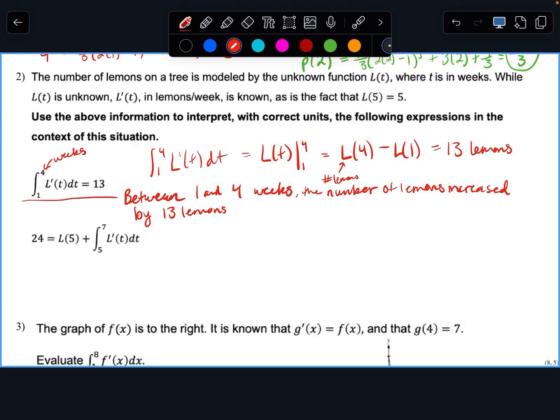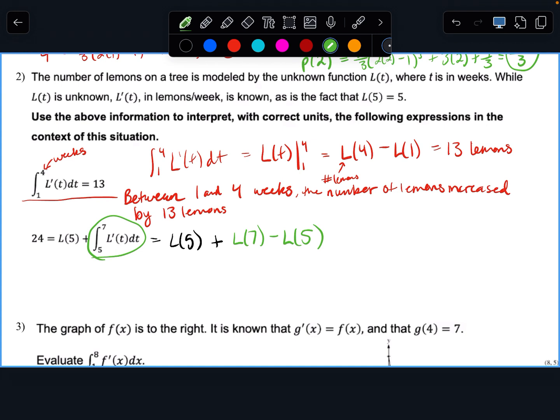Same with this one. I'll rewrite it so it looks more like this thing, and then I can kind of figure out what's going on. Some of you might already look at that and know what it is. But what might help is if you rewrite that, that'd be L of 5 plus, and then if you rewrite this just like I did on the other one, with the subtraction, that'd be L of 7 minus L of 5, right?